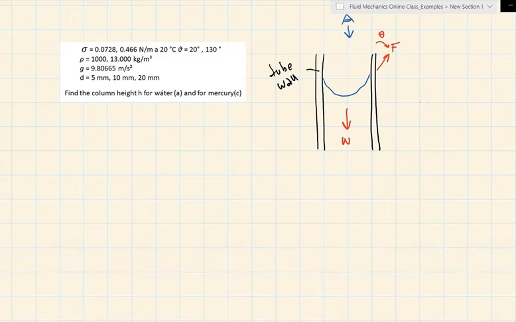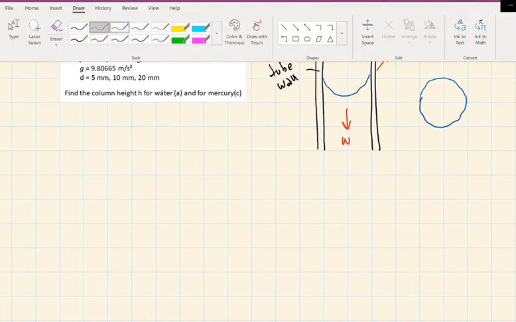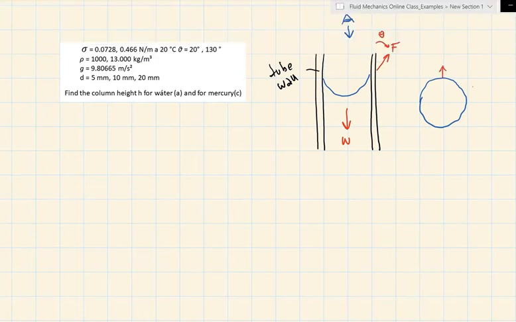If you look from the top of the capillary tube, you will see that the film looks like this. And the film is sort of a circle, and this circle has a perimeter. On that perimeter is where the force is distributed. So remember, surface tension is a force distributed in a length, and in this case, this length would be the perimeter of this circle.